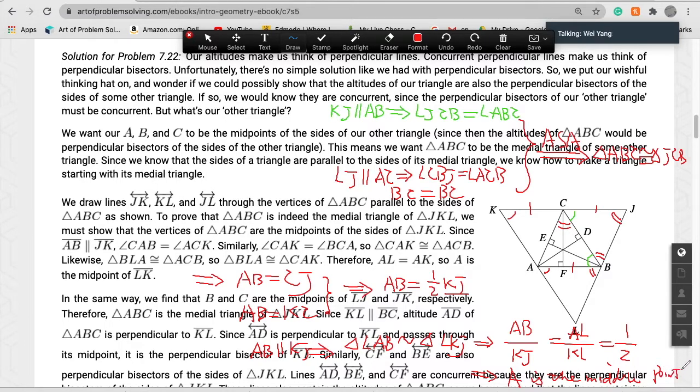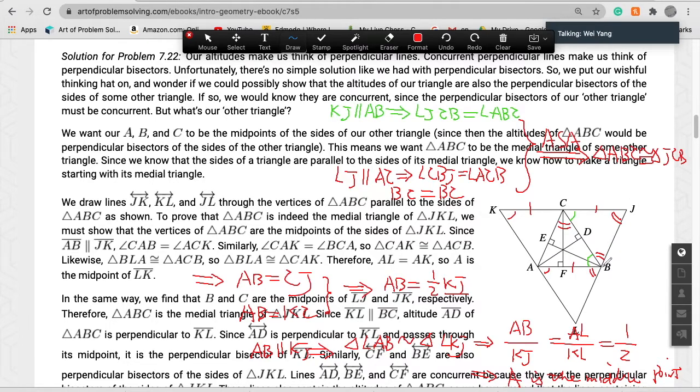Okay? Same way, because AC is parallel with LJ, then you can get KC over KJ also equals 1/2. So that means C is the middle point of KJ.